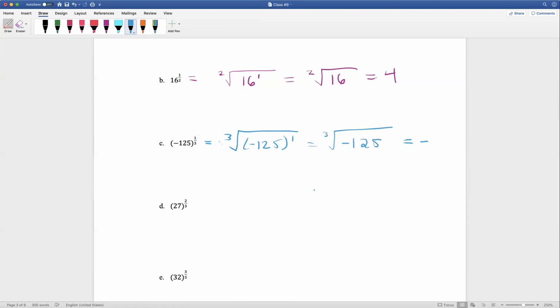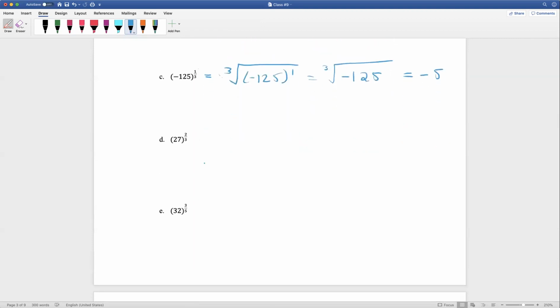Then you go up to negative 4. Negative 4 times negative 4 times negative 4 is negative 64. That's too small. Then you try negative 5. Negative 5 times negative 5 is 25. 25 times negative 5 is negative 125. So negative 125 raised to the 1/3 power is the same thing as saying negative 5.